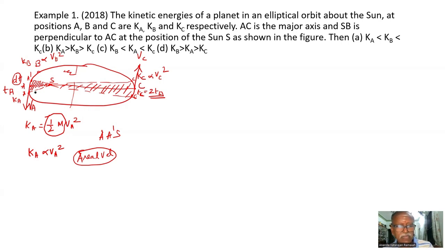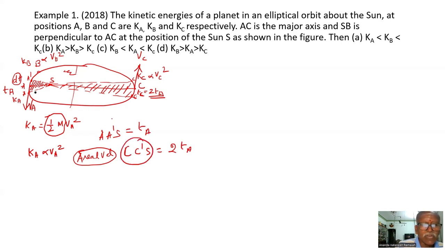That is called areal velocity must be equal. That's why the time taken to cover A dash S is Ta, and the time taken to cover C dash S is 2 times Ta, because the area of C dash S is 2 times A dash S. That's why Va is always higher than Vc.